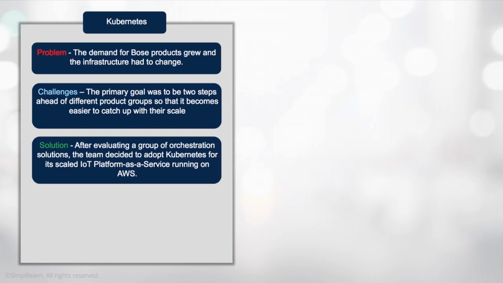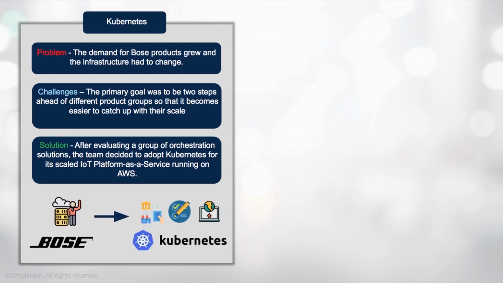So after going through a number of solutions, they ended up coming up with a solution of having Kubernetes running their IoT platform as a service inside of Amazon's AWS cloud service. And what you'll see with both these products is they're very cloud friendly, but here we have Bose and Kubernetes working together with AWS to be able to scale up and meet the demands of their product catalog.